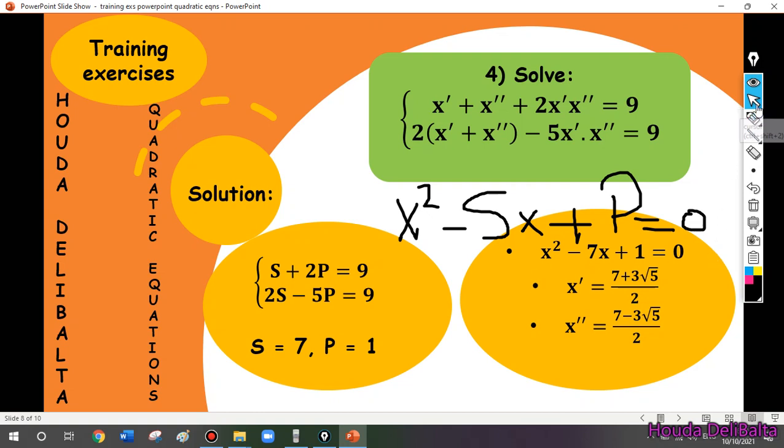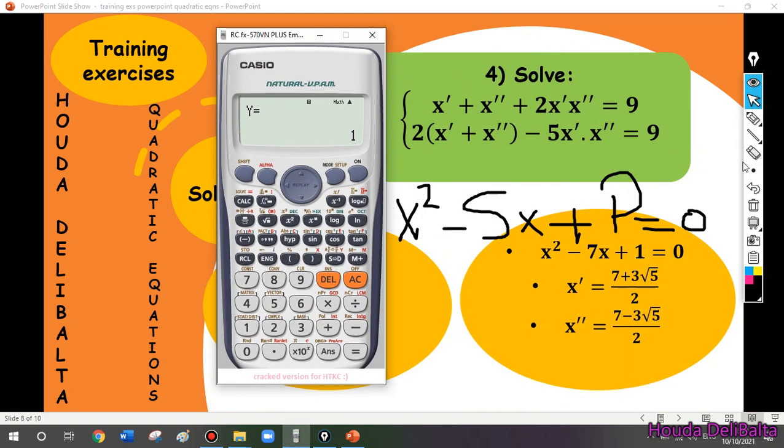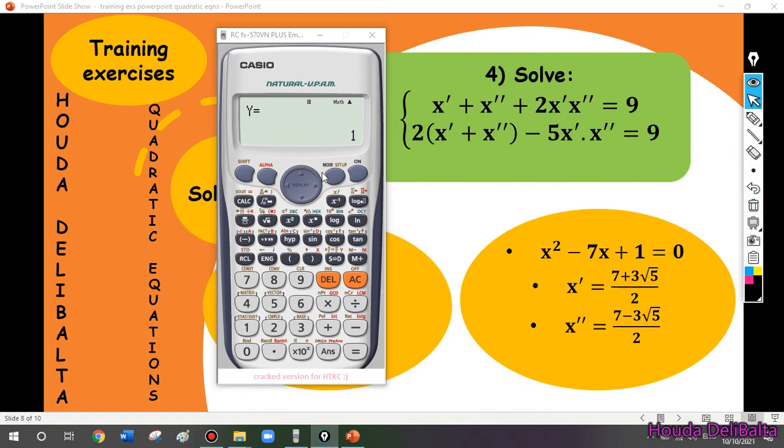Now again, I will use the calculator to find the roots. Now I will delete this. Now using the calculator here, I'll press mode 5, 3. So when I have to use the system of two equations, two unknowns, to solve it, I use 1. When I have to solve a quadratic equation, I use 3. Now a is the coefficient of x squared, which is 1.